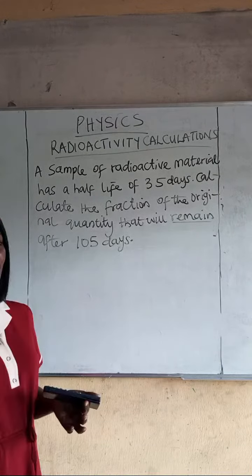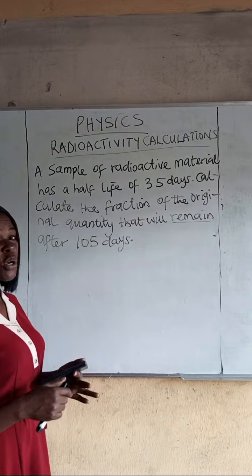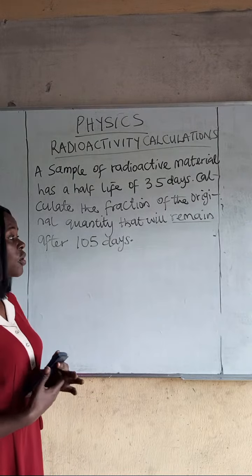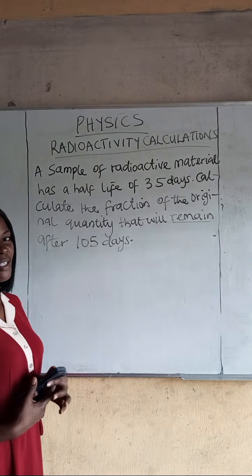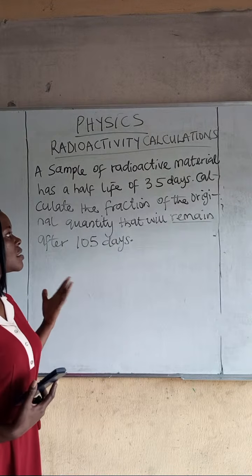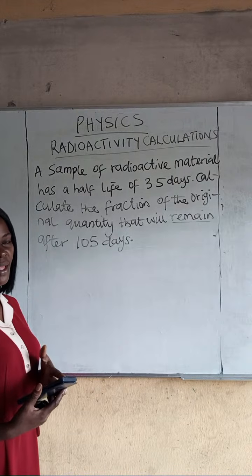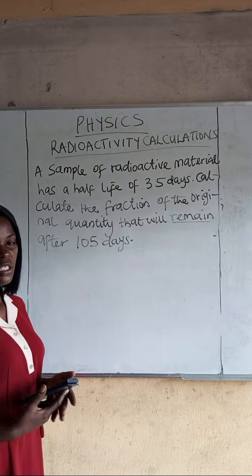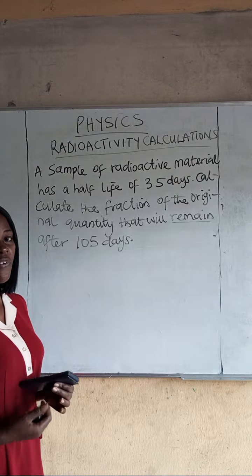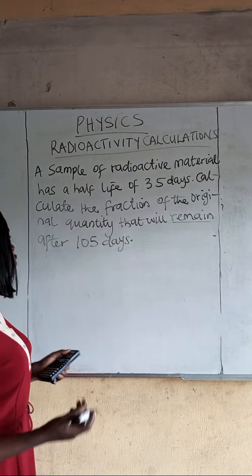Now you're just given these two parameters, the half-life and the time. If you're looking for the fraction, it is N over N naught. So let's dive into it.